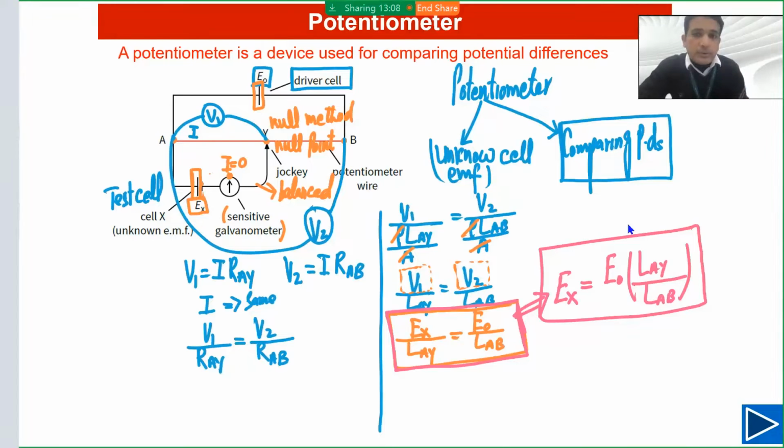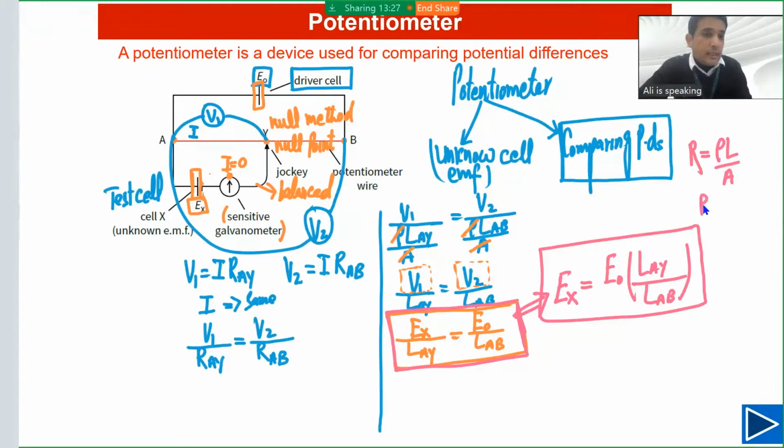Now in this case we also need to understand the resistance of a wire, for example the resistance of this wire. I want to emphasize this point because we will be using this result in some problems. You can see from here R is equal to rho L by A. In this case, what is constant?